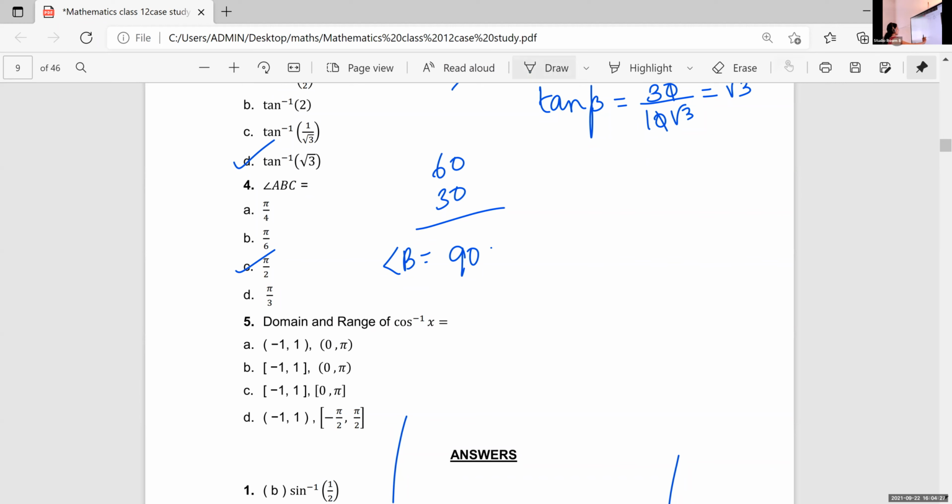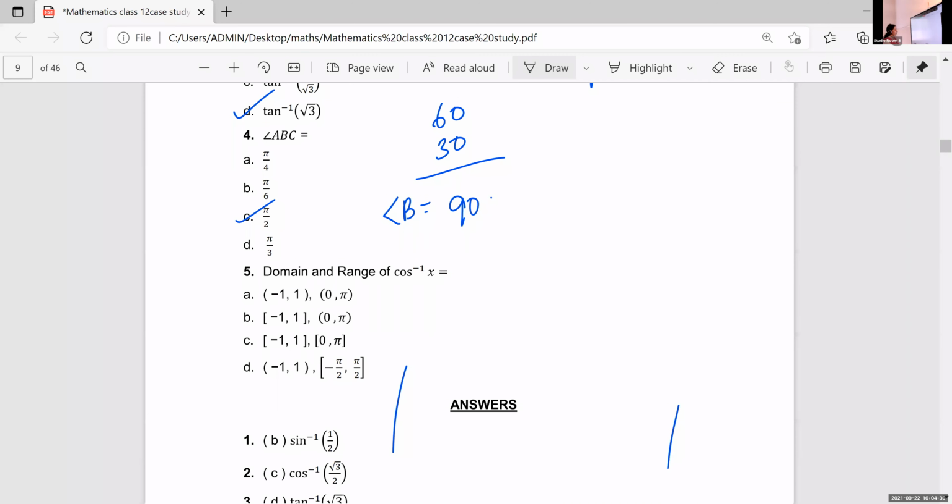Now look at the next case, the domain and range of cos inverse of x.